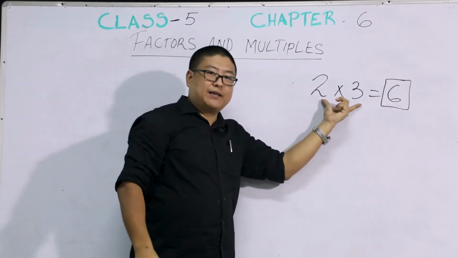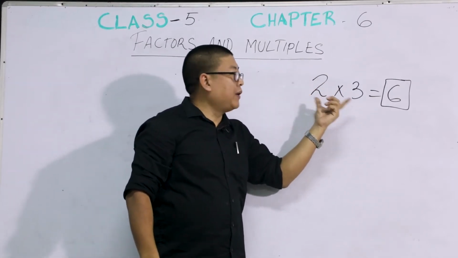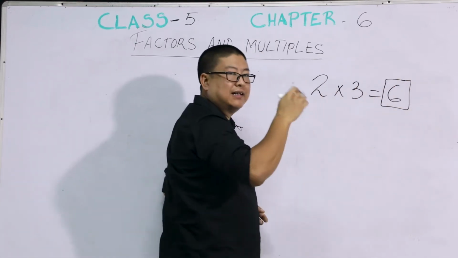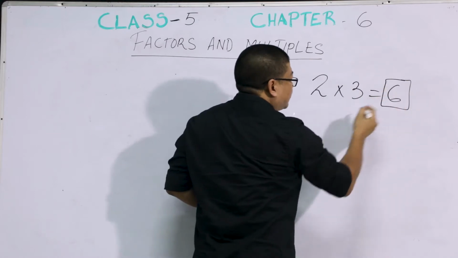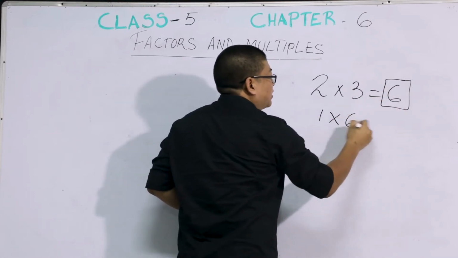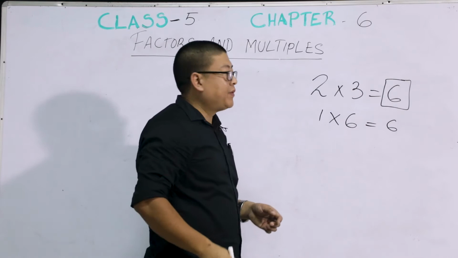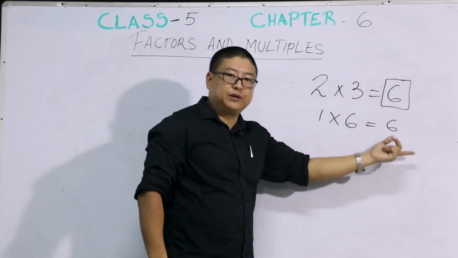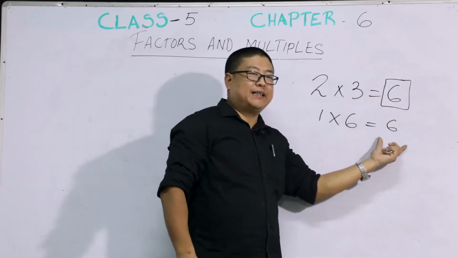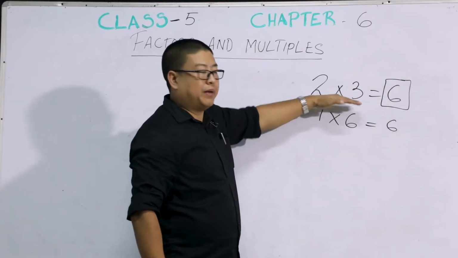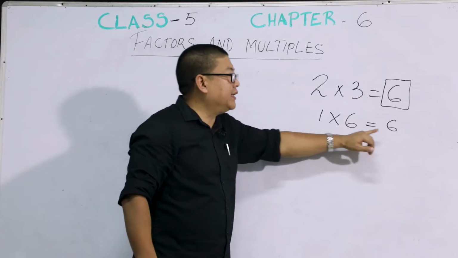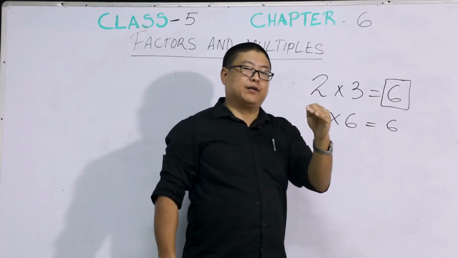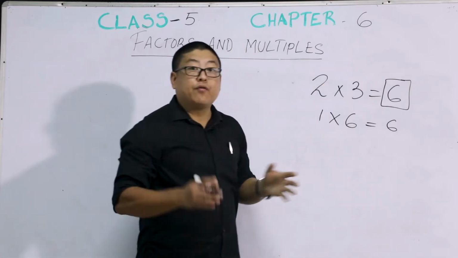Now, we have already learned these factors of 6. Okay, let's concentrate on 6 now. Factors of 6 can also be 1 into 6, you still get 6, right? So 2 into 3 is 6, 1 into 6 is also 6. So the factors of 6 are not only 2 and 3, but even 1 and 6, the number itself. Okay? So we can have more than 2 factors for a lot of numbers.